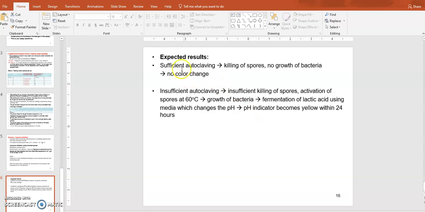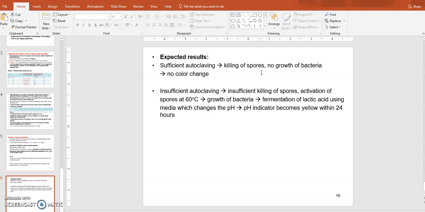If the autoclave did its job, of course you will kill the spores, and spores will not come back to life. Then the ampoule will not be turbid because of no bacterial cell growth. If bacterial cells are not growing, then there will be no color change of solution. There's a pH indicator in that ampoule. It comes as purple, magenta color at the beginning, but if the cells are growing, they will eat up the medium and change the pH.